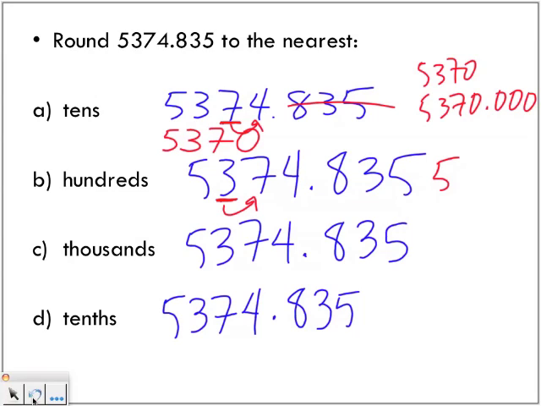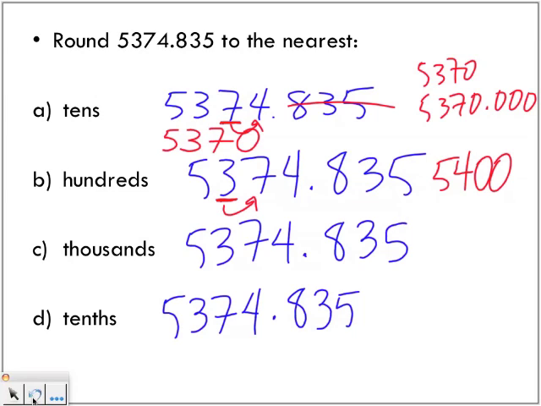It goes up, because the number right after is 5 or bigger. So 3 becomes a 4. What happens to that 7? Becomes a 0. How about that 4? Becomes a 0. And I don't need anything after that. So if we're rounding off in the whole number section, we don't need to put any of the decimals, if the number still continues to have decimals. Okay.